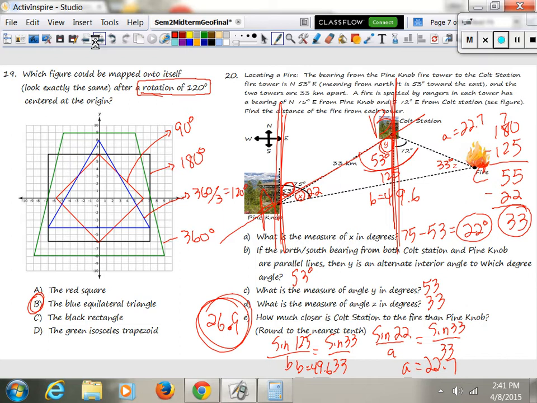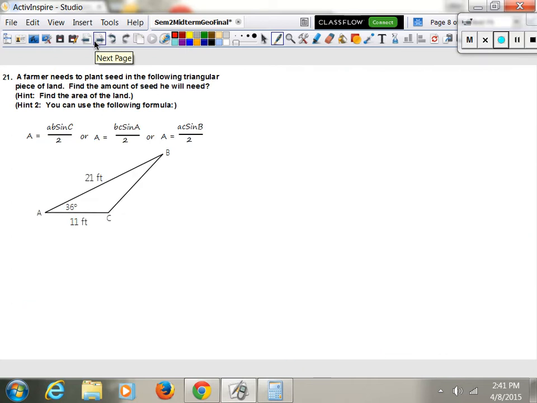All right, last one is a quick little area one. I gave you the formula for area, and you have little b right here, and you have little c right there. So you're going to want to use this one right here. So your area is little b, which is 11, times little c, which is 21, times the sine of angle A, which is 36.